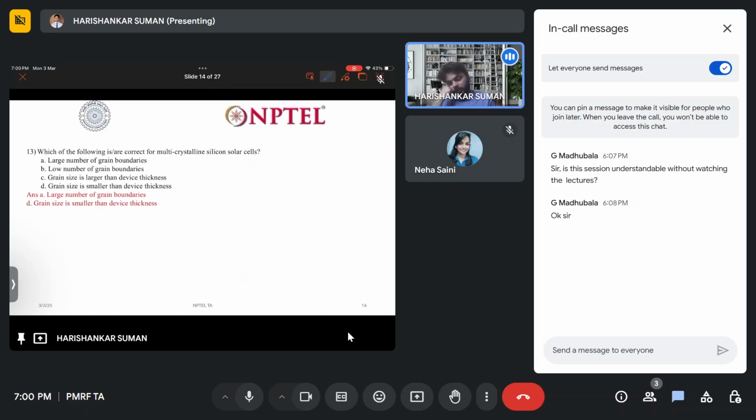So the answer is: large number of grain boundaries in multicrystalline silicon compared to the single crystalline, and grain size is smaller than the device thickness.